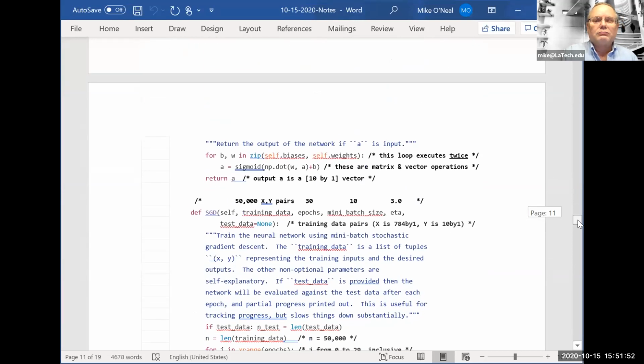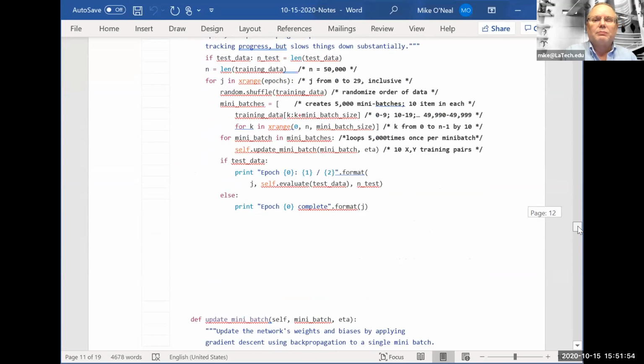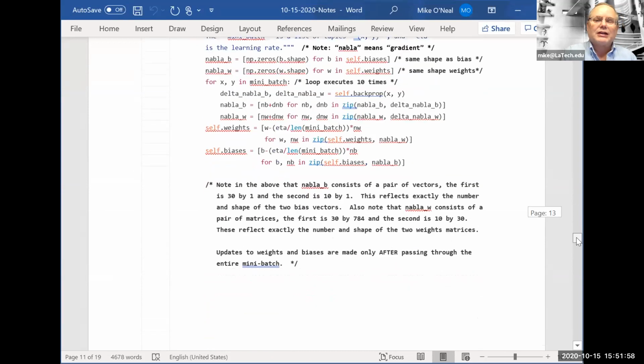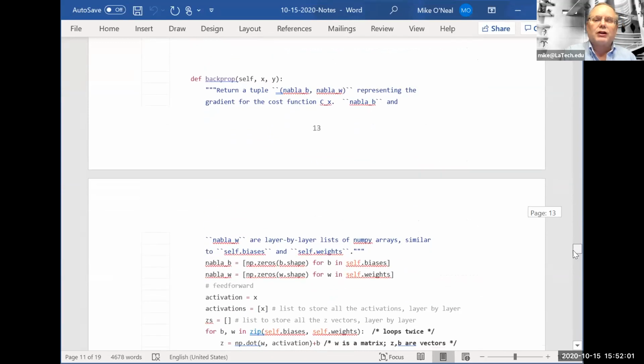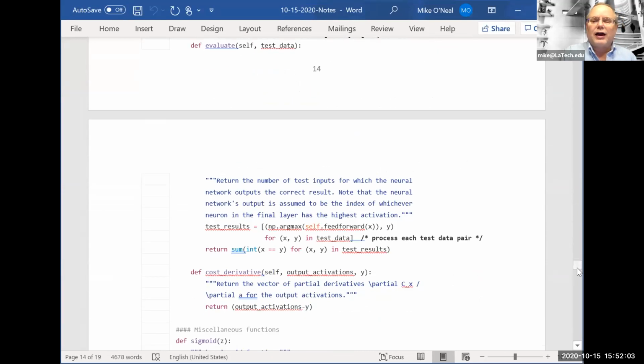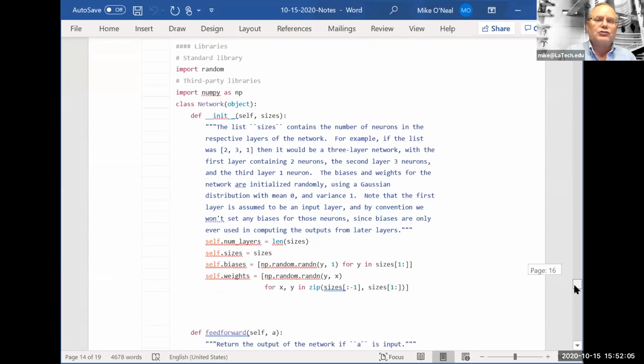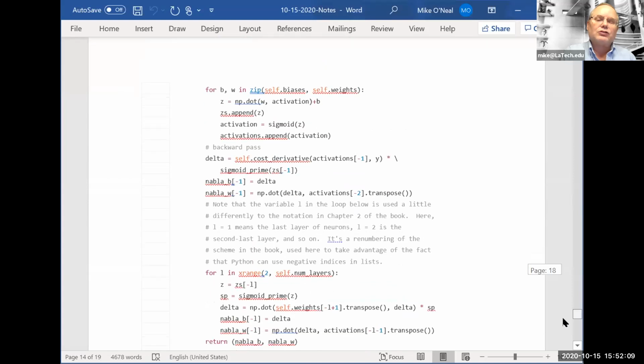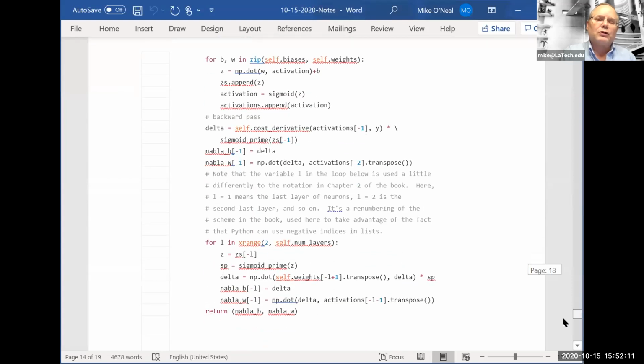So it's all there. The comments in dark black are comments that I've made to add to the comments that he had that help you understand what's going on. And after all of that, I have a clean version of the program that I give in the notes. All of this is in chapter 1 or 2 of Nielsen.